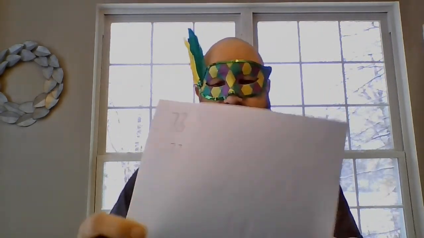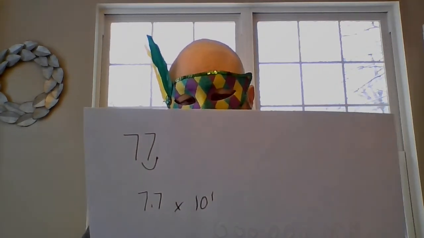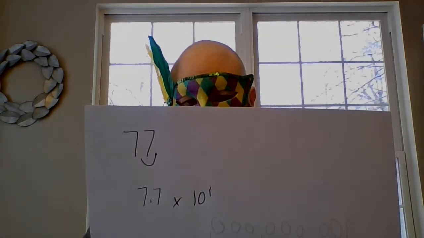So we're going to move it one place, and then it becomes 7.7. And because we moved it one place, that means we times it 10 to the first. So 77 is the same as 7.7 times 10 to the first.